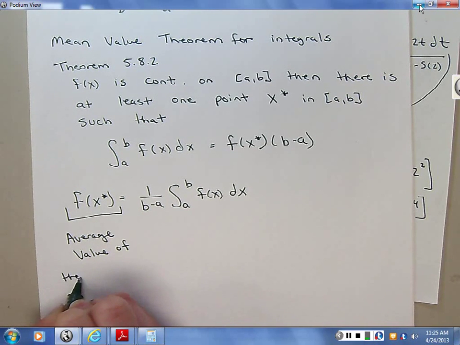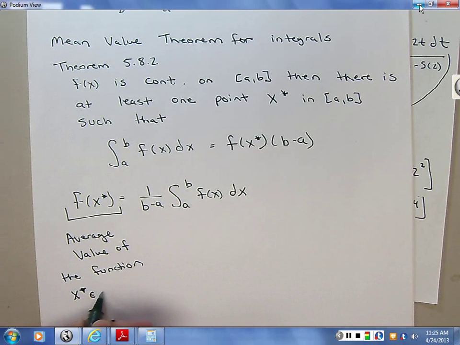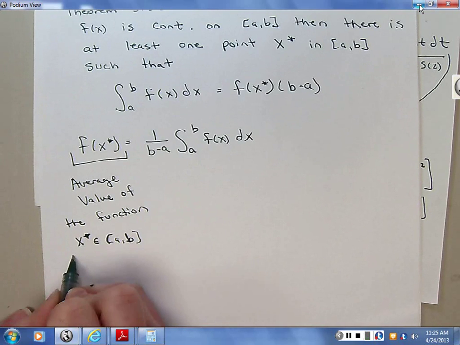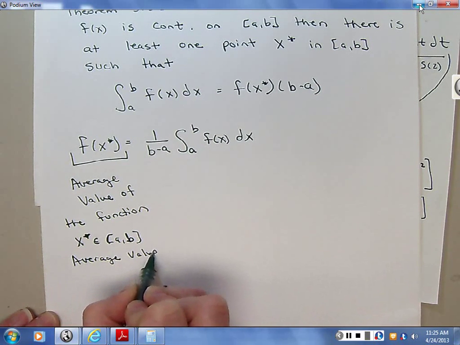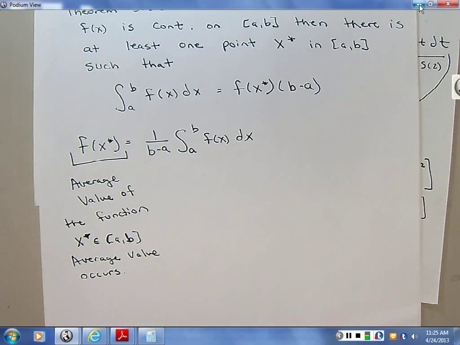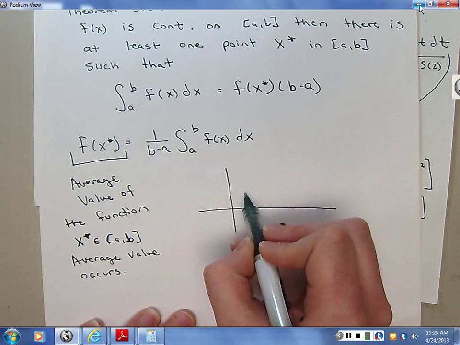The x star is the element in the interval from a to b at which the average value occurs. So graphically, sometimes, if we look at this graphically, it might help kind of make sense.